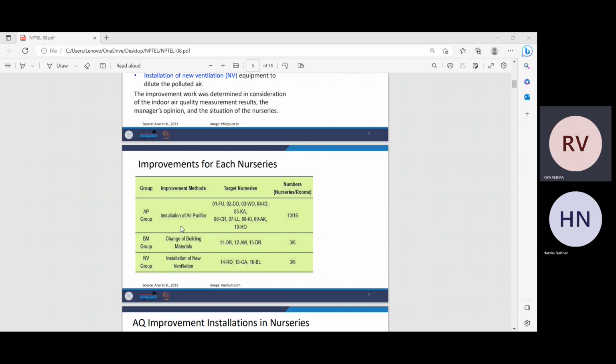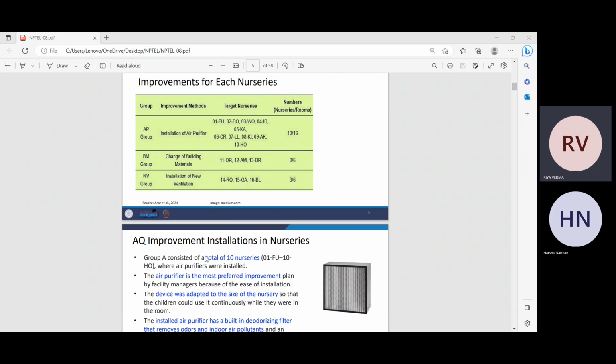So this is some detail of the number of rooms: I guess 10 out of 16 rooms have the air purifier installed, and in the rest 6 rooms, three have changed building materials, and three have installation of new ventilation strategies.